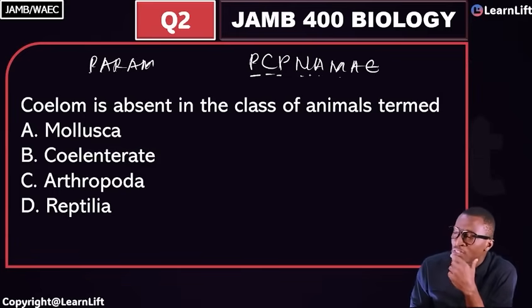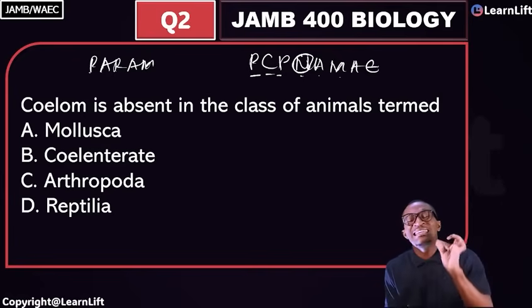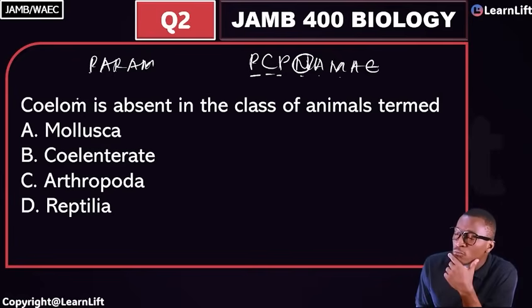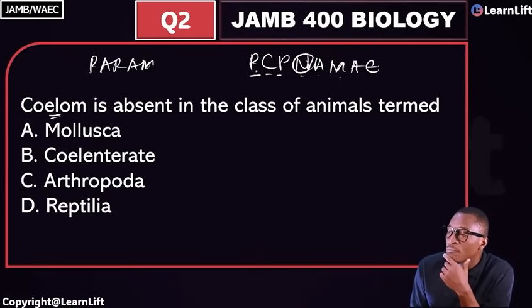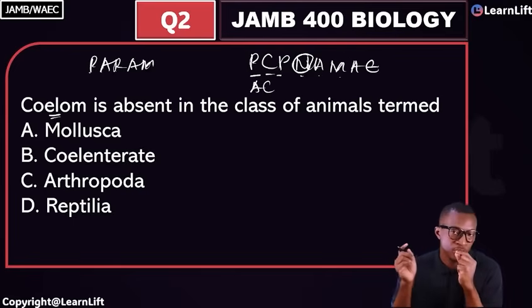Take note that please nematodes are the benchmark for coelom. Look at it from protozoa, coelenterata, platyhelminthes. These ones are said to be acoelomate. That means acoelomate means they lack true coelom.